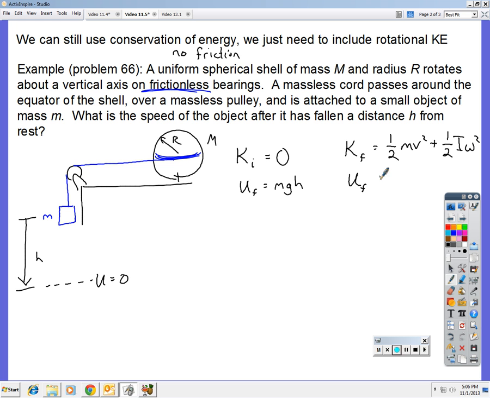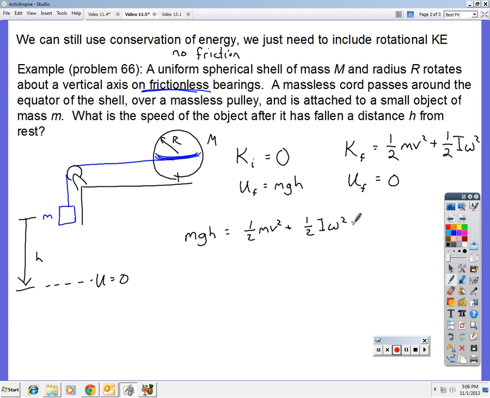And then the final potential energy will be 0. Now, since we're using conservation of energy, the total initial energy equals the total final energy, and we have mgh equals 1/2 mv squared plus 1/2 I omega squared.